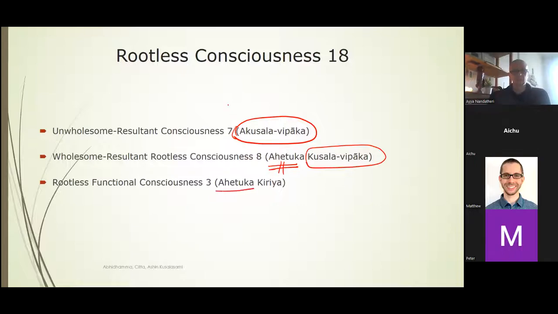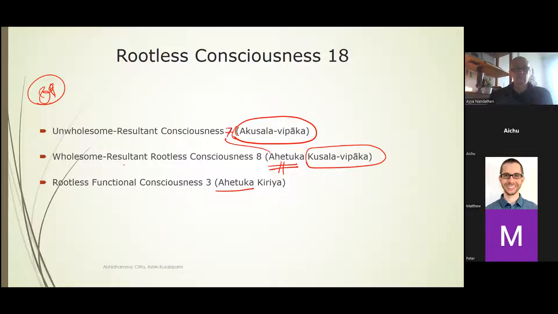So why is there no word ahetuka here? In the 89 consciousness, the unwholesome resultant consciousness is only these 7.